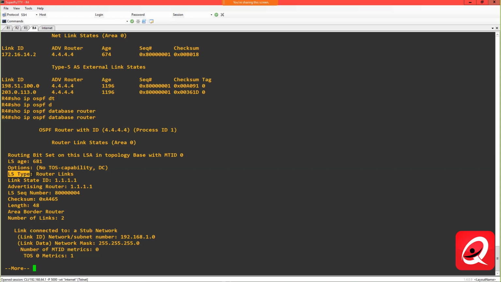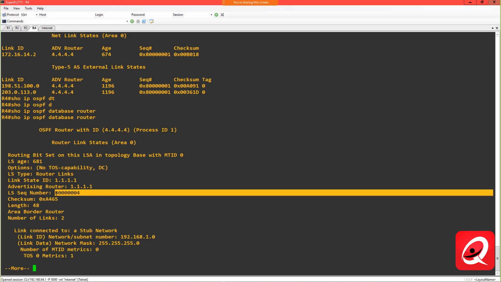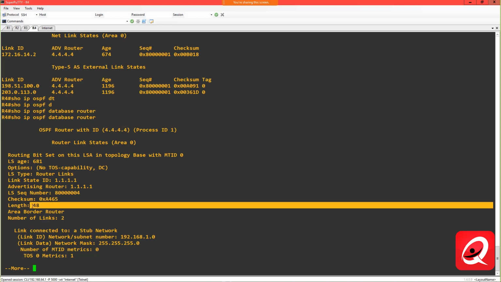The link state type, these are my router links, which are type 1. The link state ID, in this case, so this is a type 1 LSA that's coming from router 1 in area 0. The sequence number, I've received 3 different link state updates, including this advertisement. The checksum allows me to verify the integrity, of course, of the LSA using a standard hashing process. 48 bytes.